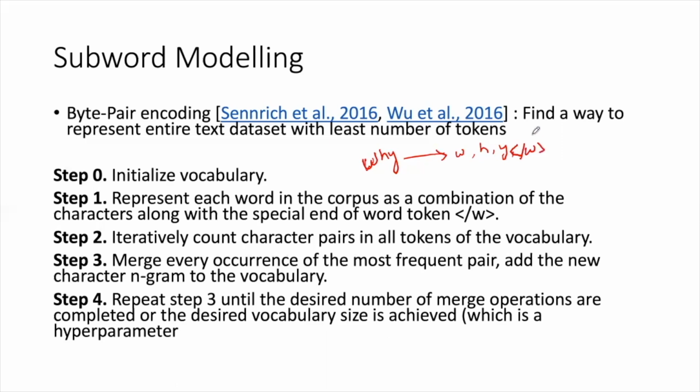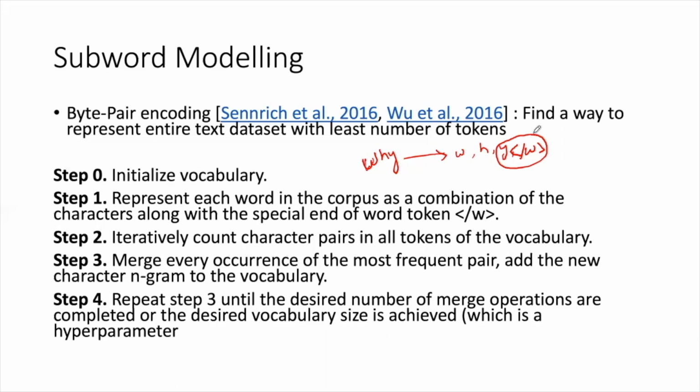It indicates that this y occurs at the end. This helps us differentiate the y that occurs in between the sentence or in a suffix from the y that occurs at the end. So this is how we divide.